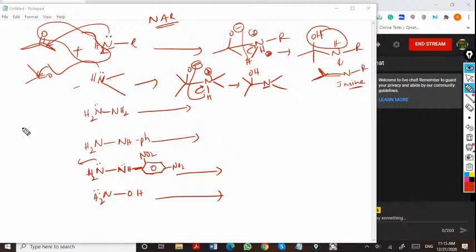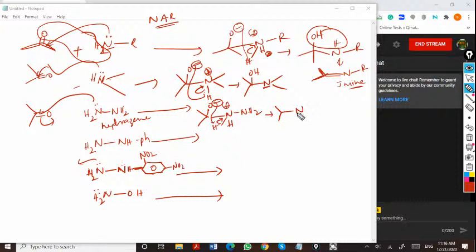Now if it is hydrazine, it will attack. Here is hydrogen, and here is hydrogen. So O minus and NH, NH2. H plus leaves and this will be abstracted, resulting in N, OH, NH.